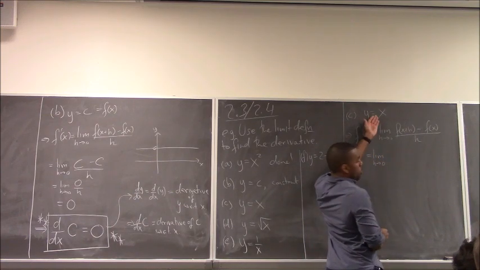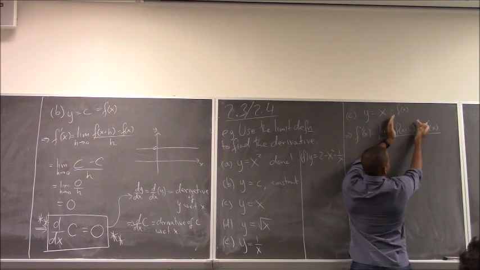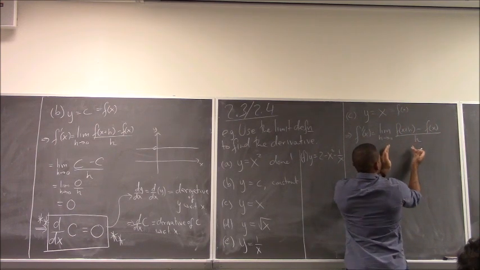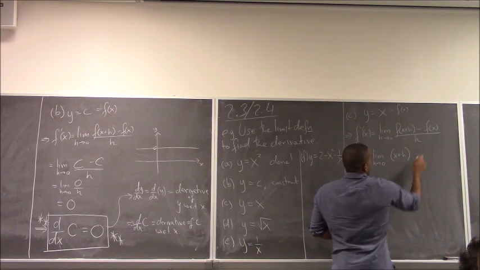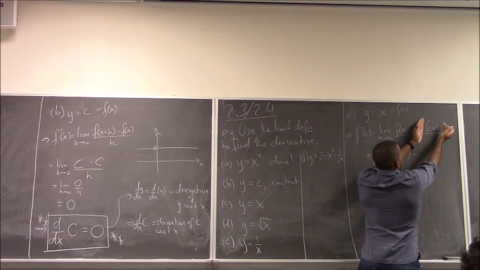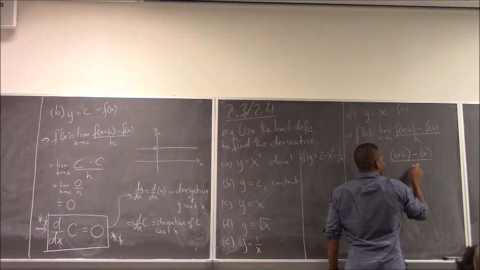In this case, if my y is x, which I'm thinking of as f of x, what is my f of x plus h? So just x plus h. Replace all x's with x plus h. Minus my f of x is the original function. I'll put it there. All over h.